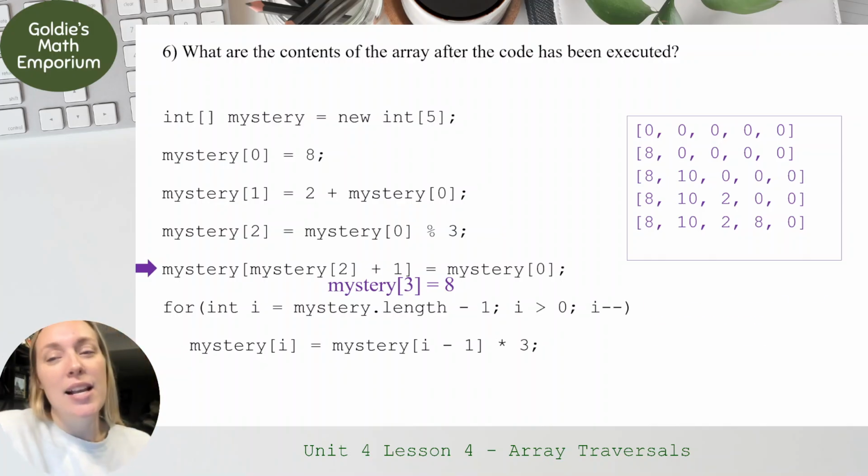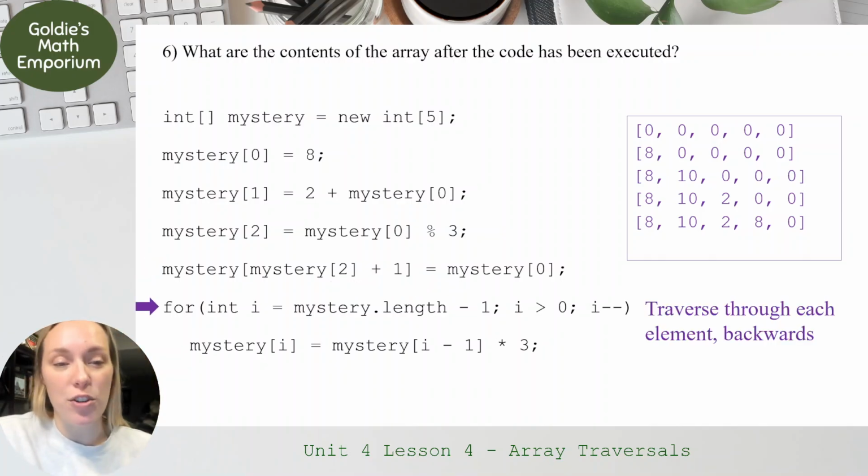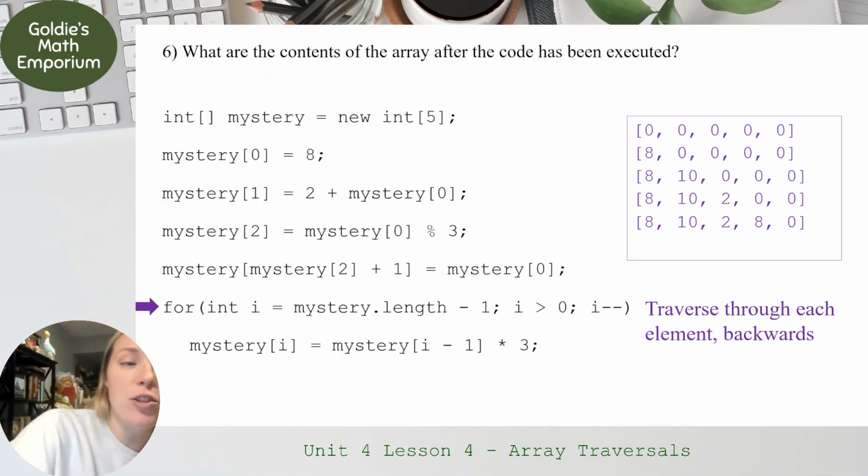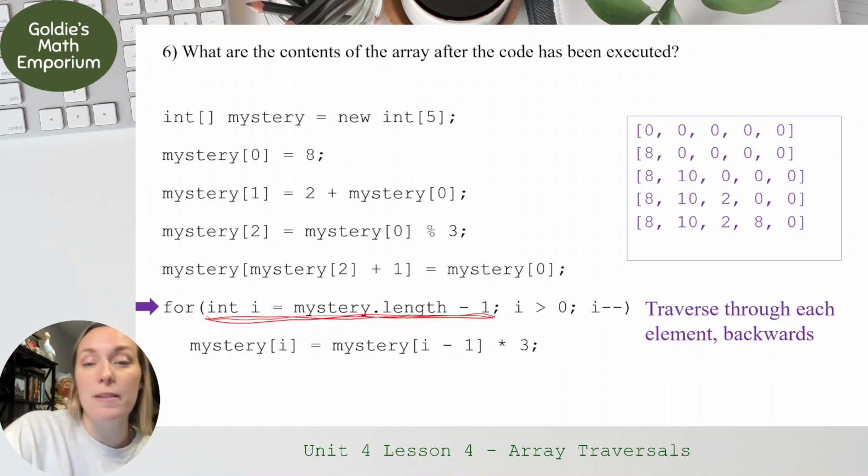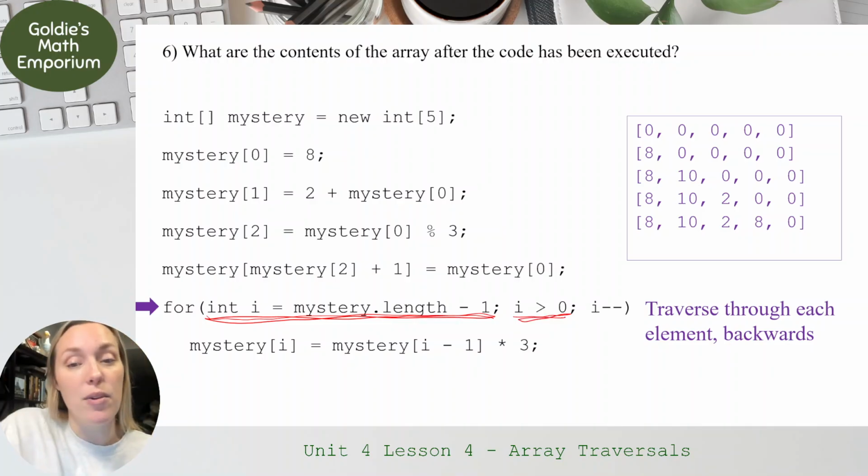Very cool, very cool. Puzzle inside a puzzle. We love it. Oh, and now we have a traversal. What does this say? Traverse through each element backwards. Okay, so this has I starting at mystery.length minus 1. So this starts at the very last index. Go down to, but not including, index 0, subtracting 1 each time.